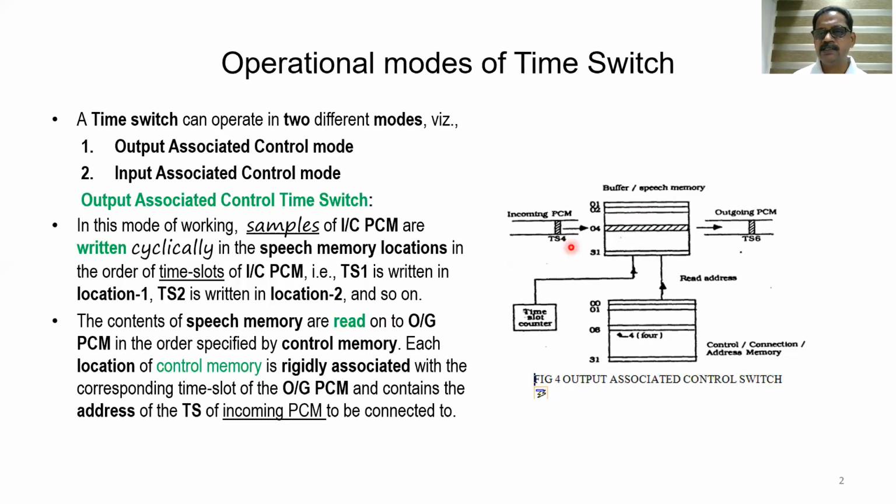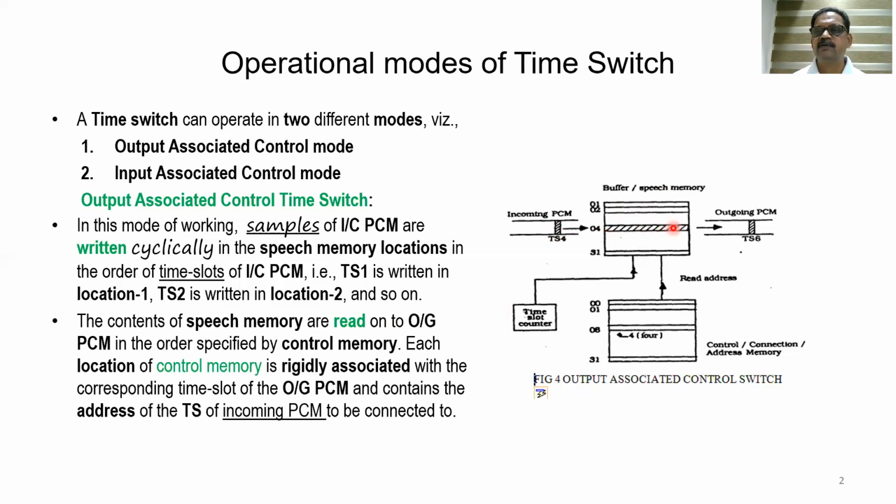If you see in this diagram, the information as depicted here is coming in time slot 4. Therefore, the information available in time slot 4 is stored in the speech memory at the 4th location.